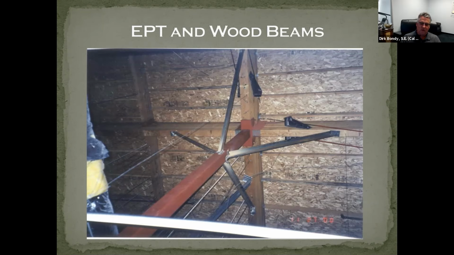My distinct recollection on this project was that these guys had never done this before. It's hard to find a wood person who's got experience, or anybody. But when they stressed these tendons, it lifted the glulam beams, and they started making a creaking and cracking noise, and everybody ran out of the building. They were absolutely terrified.